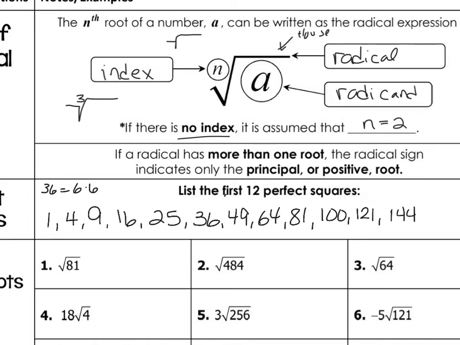So that's just the first 12 perfect squares. You can go on and on, 13, 14, those are perfect squares.